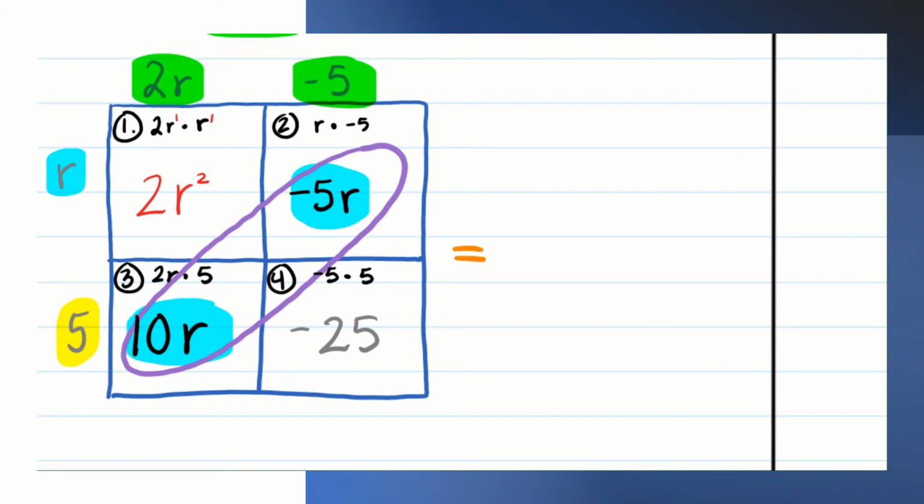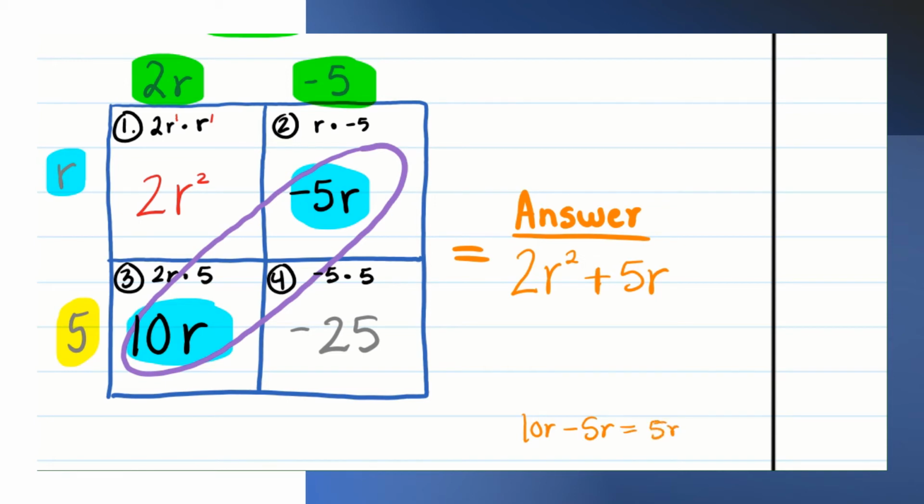Our answer will be the inside of the area model, what we get when we multiply, but combining the like terms. Usually your like terms will be what's inside box 2 and box 3. So the diagonal there would be your like terms. If I combine 10r plus negative 5r, it's the same thing as saying 10r minus 5r, and that gives us 5r.